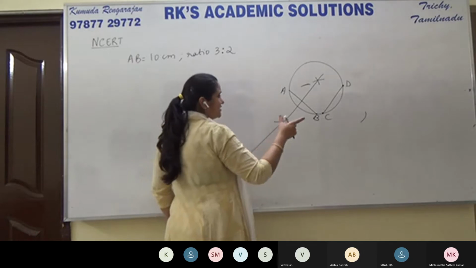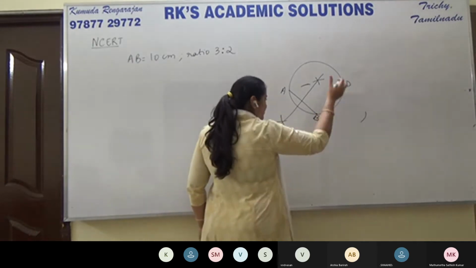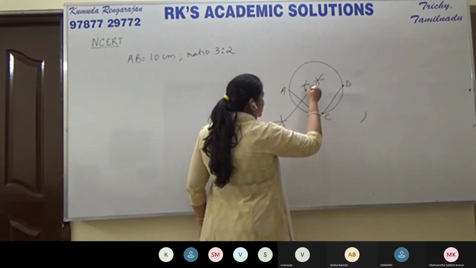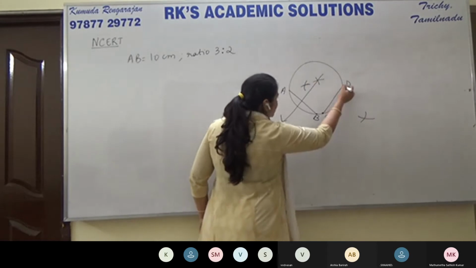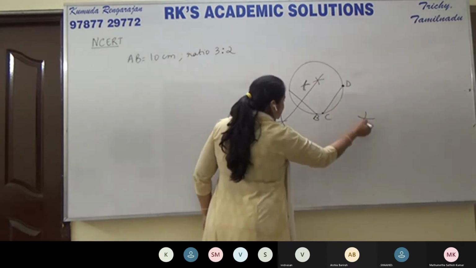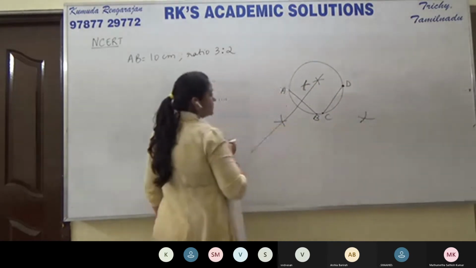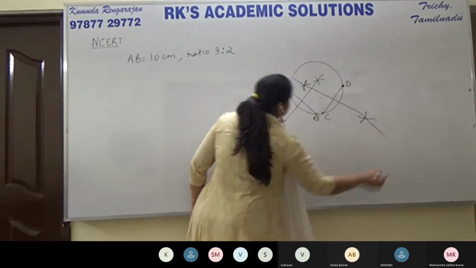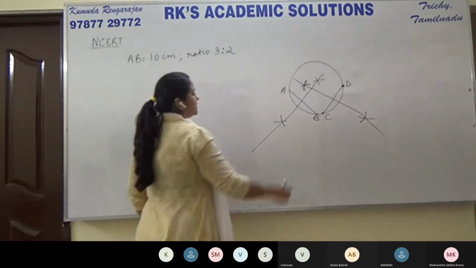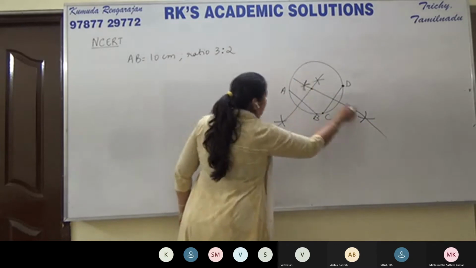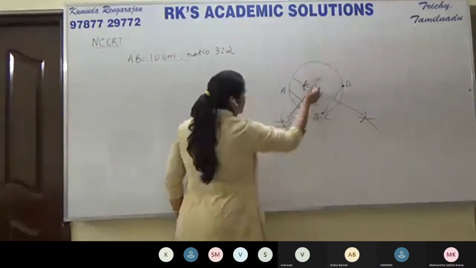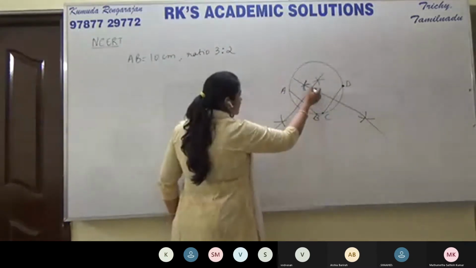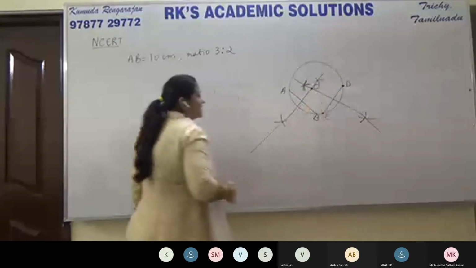Now with the same radius, with D as center, cut the earlier arcs. And join. This is the perpendicular bisector of CD. This is the perpendicular bisector of AB. Where they meet is the center O.